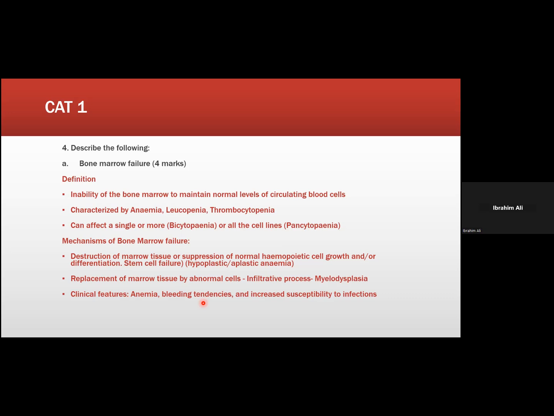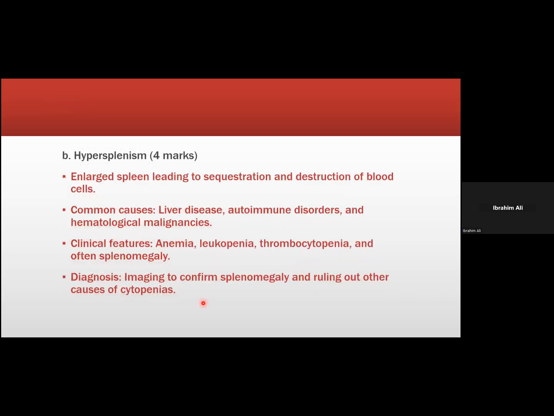And then the next term that they want you to describe is, I think, hypersplenism. I want you to understand very clearly the difference between hypersplenism and splenomegaly. Hypersplenism means a hyperactive spleen.